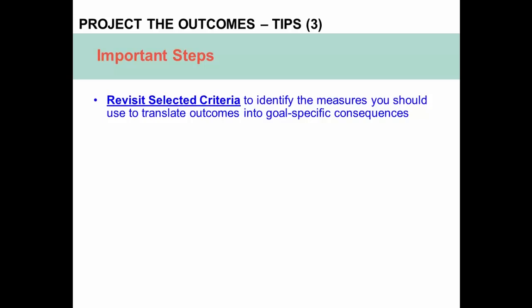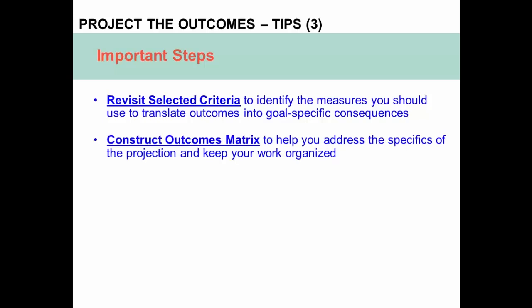This process of coming up with these measures is key to success in projecting the outcomes and then preparing to confront the trade-offs at the next step of the Eightfold Path. To assist with this work, consider constructing an outcomes matrix to help you address the specifics of this projection process and then keep your work organized.